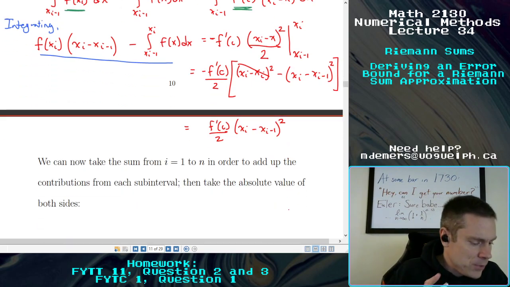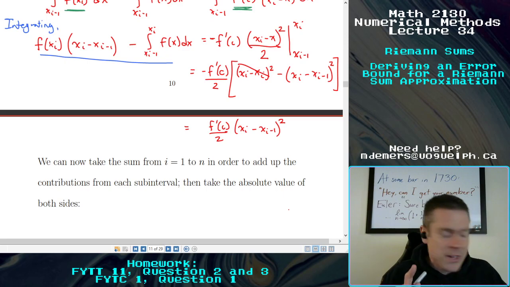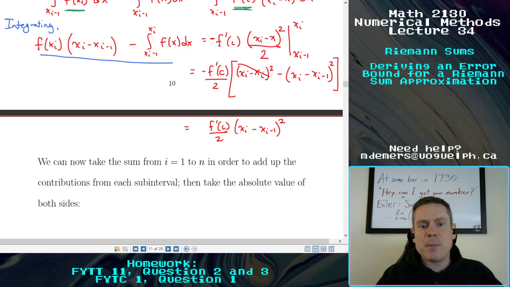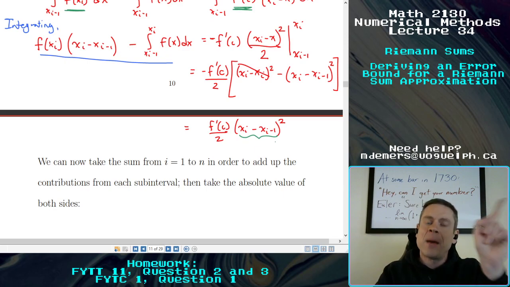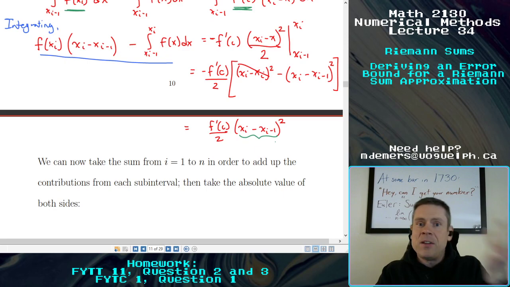Okay, there's something I want to point out before anything else: this here, x_i minus x_{i-1}, what is that? That's just the width between two of the evaluation points. And we said up above that that quantity is even between each one, right? They're all the same across nodes. The distance between each node is equal.